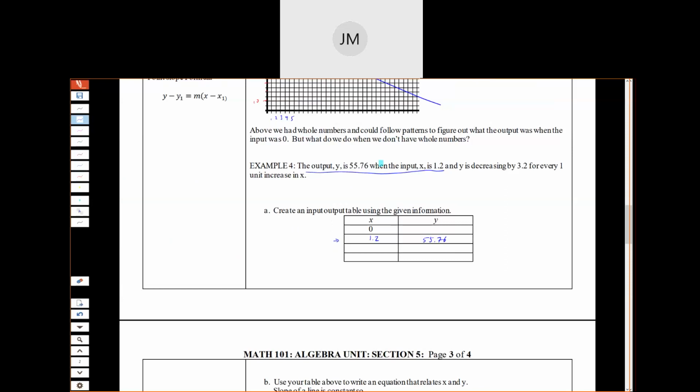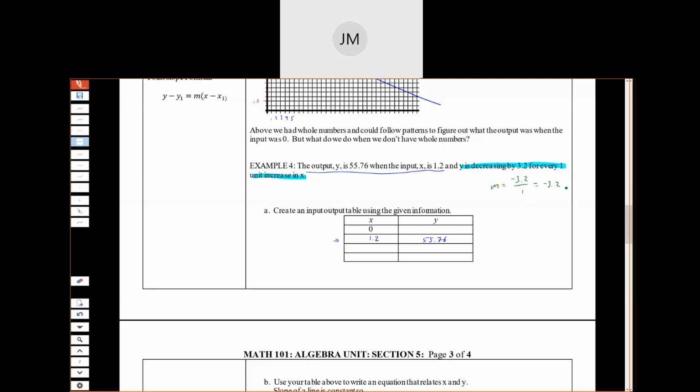Now we're also told y is decreasing by 3.2 for every 1 unit increase in x. So that's going to tell me a slope, right? Slope is the change in y, so it's decreasing by 3.2 for every 1 increase in x. So my slope is negative 3.2.